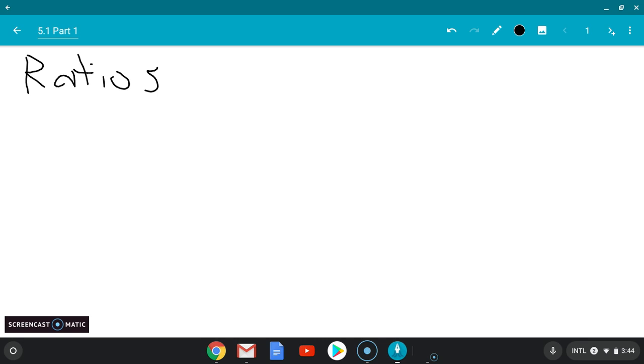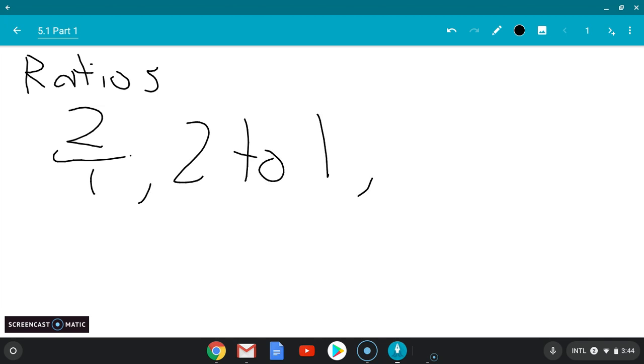You might see that expressed in writing as 2/1, or you'll see 2 with a colon and a 1. These are all the same ratio, just three different ways to write it.